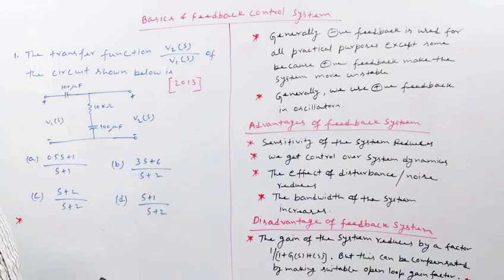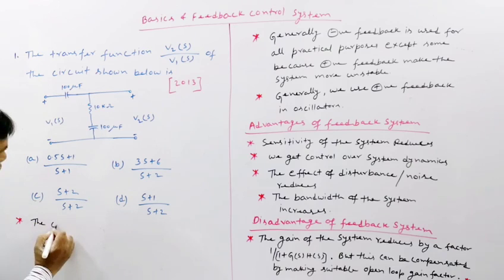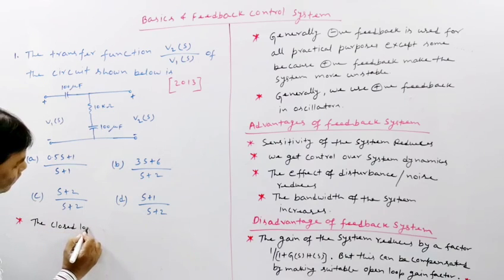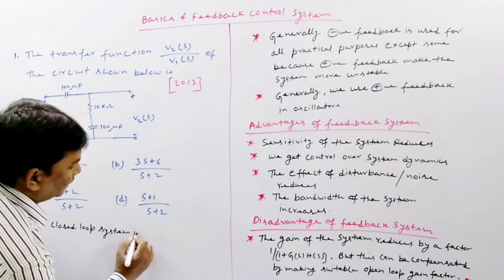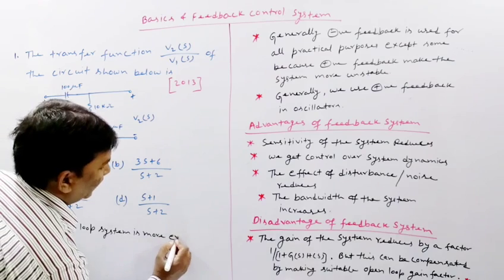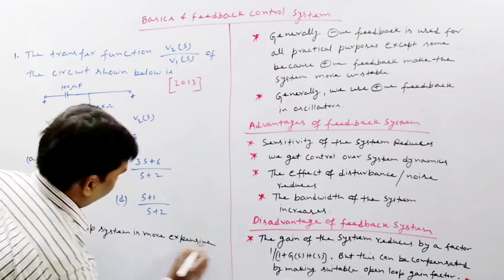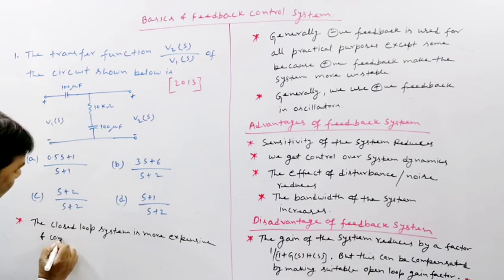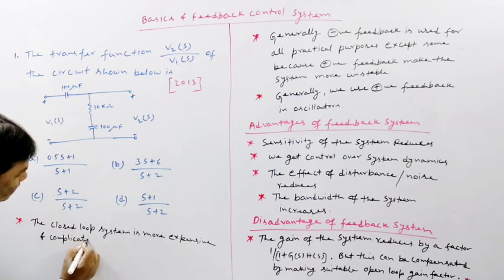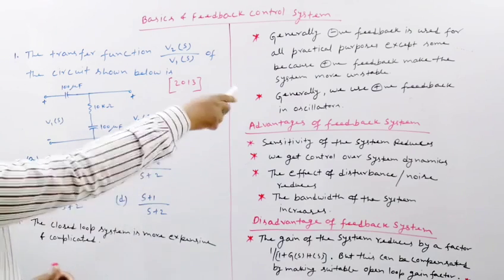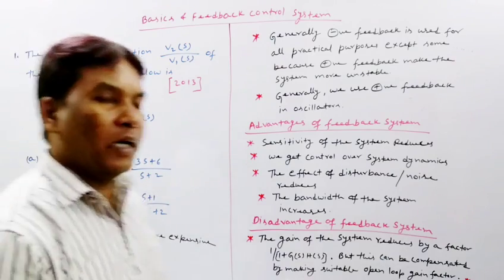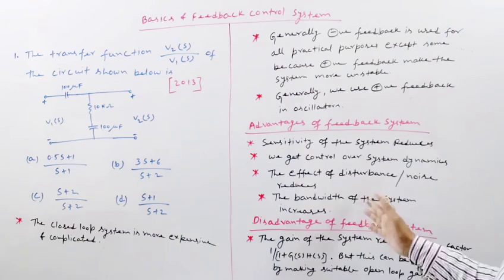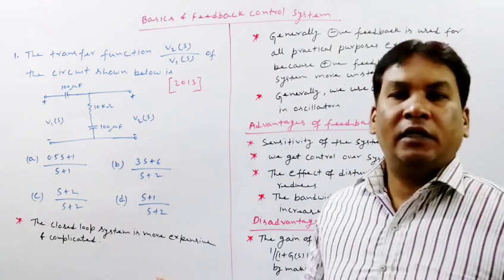The closed loop system is more expensive and complicated. Okay, so these are the advantages and disadvantages of closed loop system as compared with the open loop system. But finally, the advantages override the disadvantages.